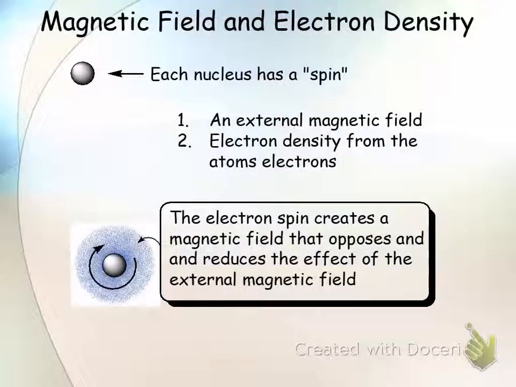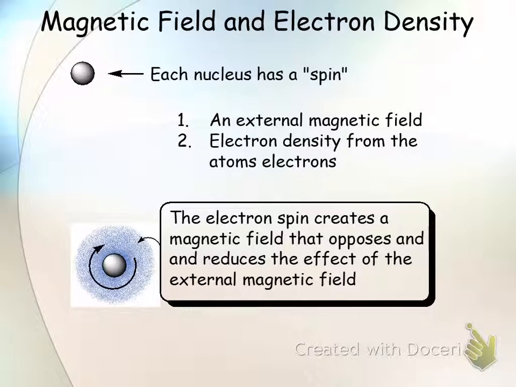Okay, so there's this one other thing that affects the position, the frequency of the signal, which depends on the magnetic field that the proton experiences. What's around the proton? Electrons, right?